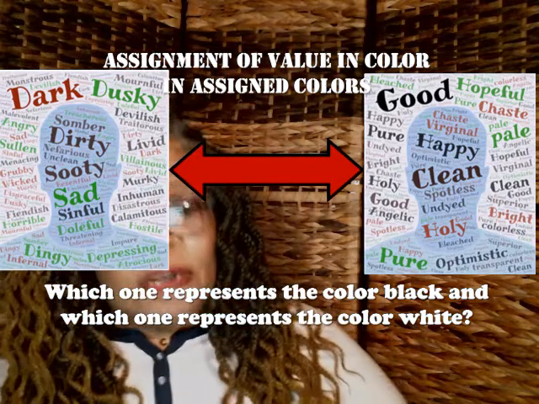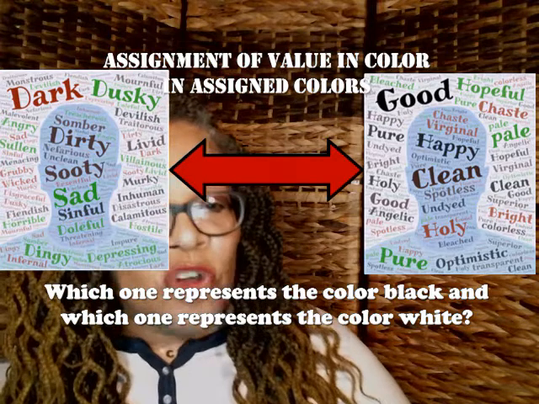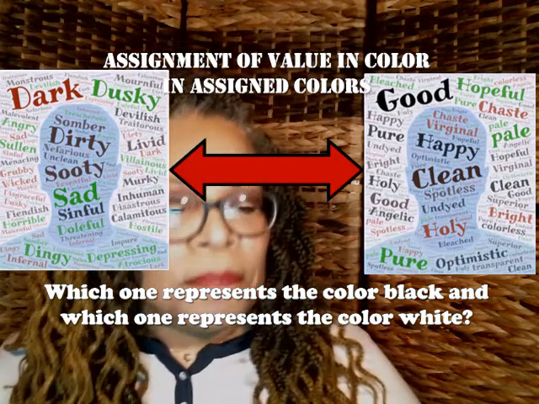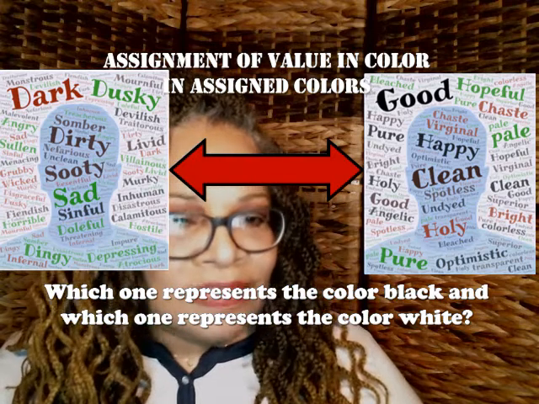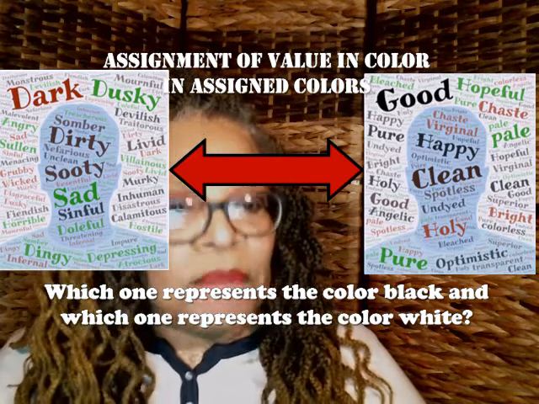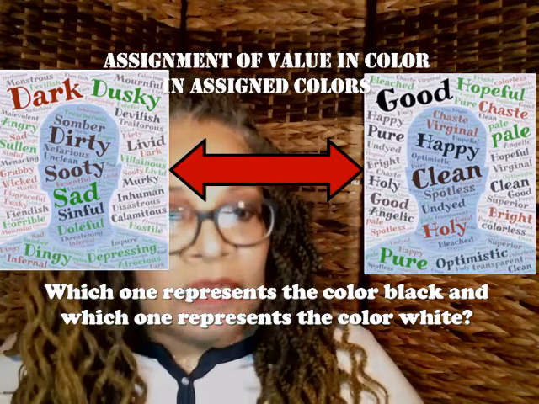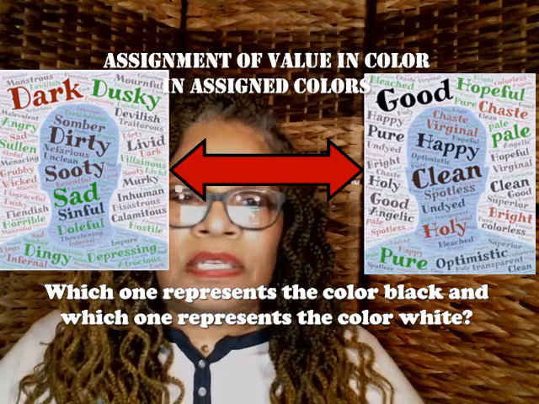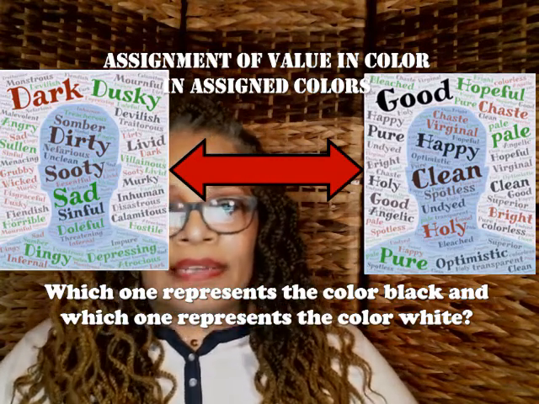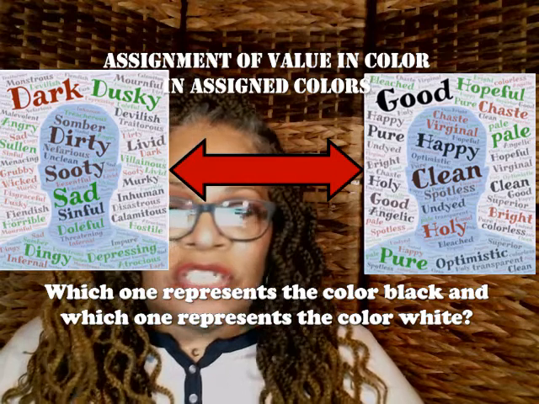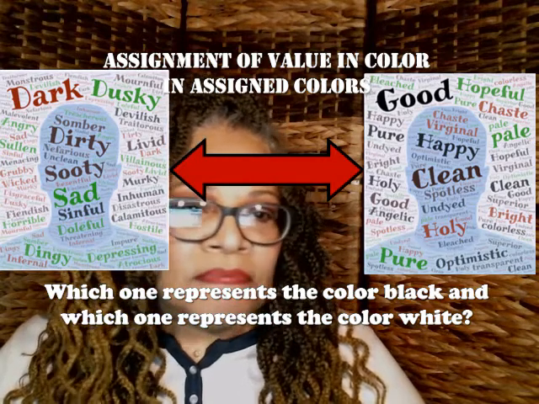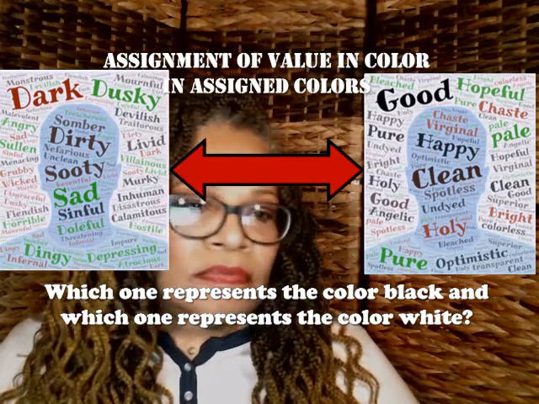If you're not sure, pick up a thesaurus or get online and look up the term white and its synonyms, and black and its synonyms. And you will be surprised. Because it's not just good and bad, good and evil, light and dark.